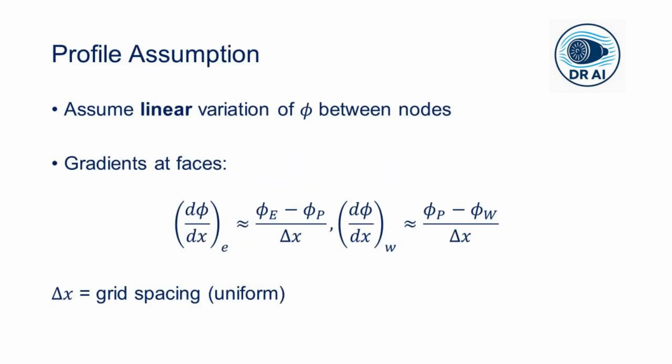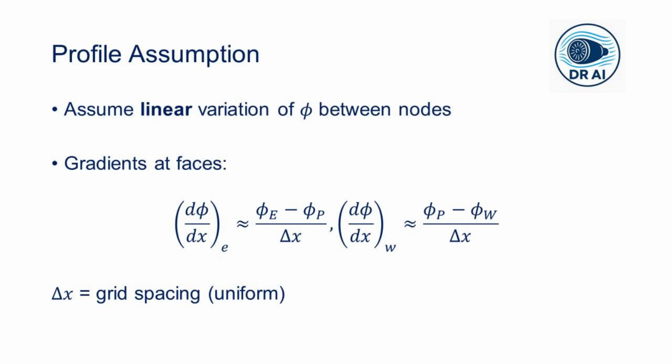Now to evaluate the fluxes, we need to approximate the gradient at the faces as well. The simplest choice is to assume a linear profile of phi between the nodes. Then we can write d phi over d x at point E as approximately equal to phi E minus phi P divided by delta x.